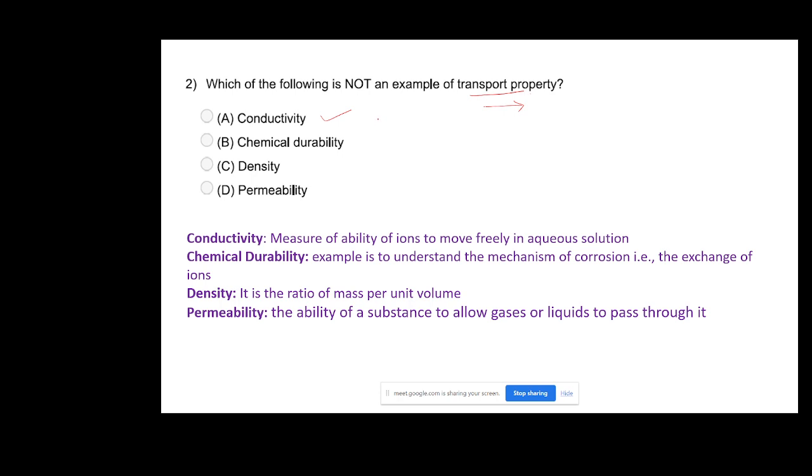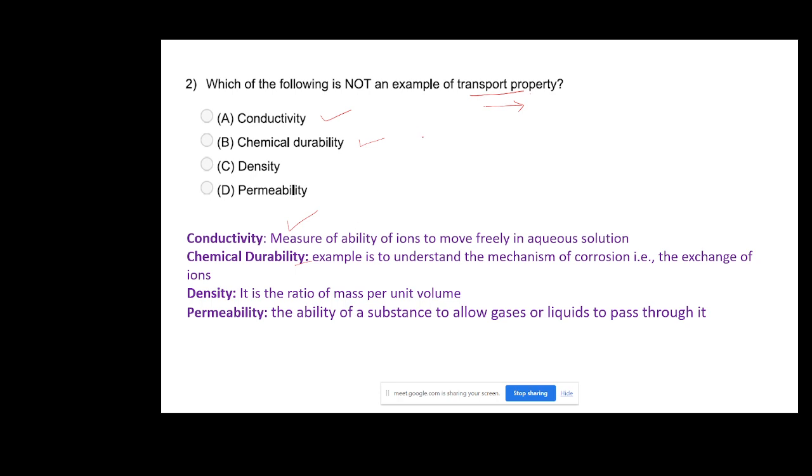How do we measure conductivity? It is due to the motion of ions in a solution, so conductivity is also a transport property. Now chemical durability is nothing but the resistance of any substance to change, because it is durable.